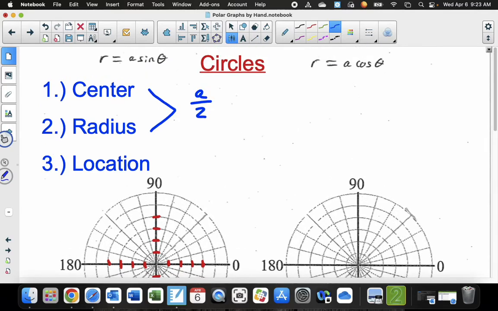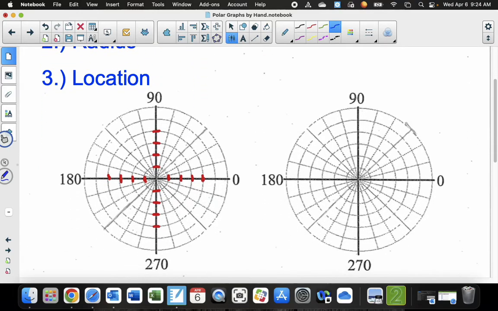So in your equation, if a is 4, you know you've got a radius of 2. And you know that the center of the circle will be at 2 on one of the axes, which we'll talk about in terms of location in a second. When I talk about location, here's what I'm referring to.